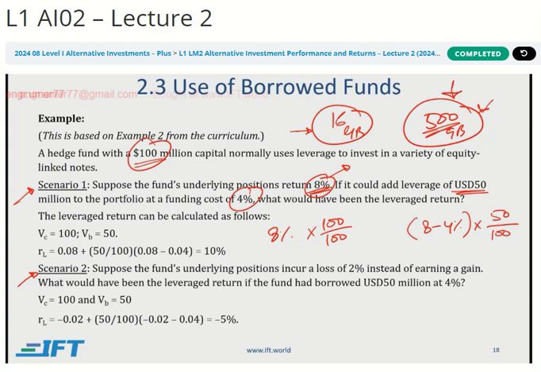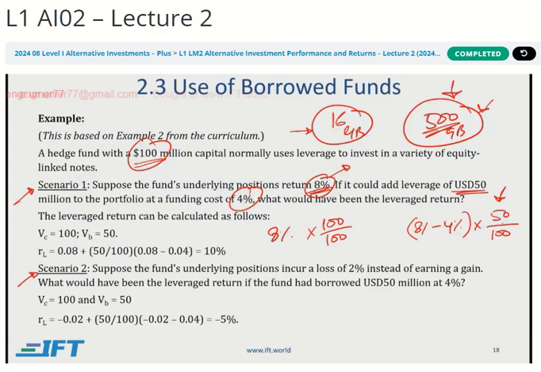So the 8% you will make on this 50, well, it's not all yours. 4% has to be paid to the party, the bank, whoever, the broker you borrowed it from. So only 4% is your gain, and that applies to only 50 of that 100, right? So half of your return will be contributed.